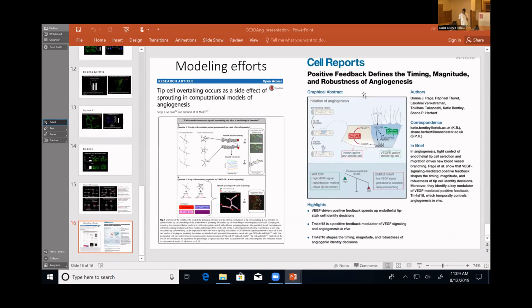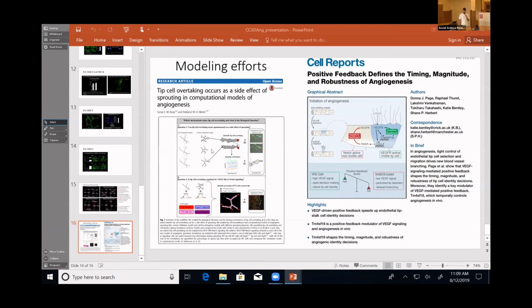And so in terms of what modeling efforts are there, James has mentioned this a couple of times, but Roland Merks published a model that he argues shows tip cell overtaking, that process where tip and stalk cells switch, or where a new tip cell overcomes the previous tip cell.